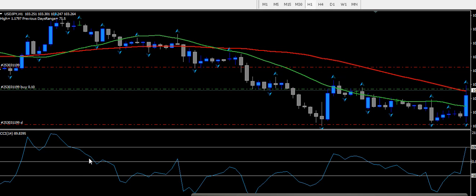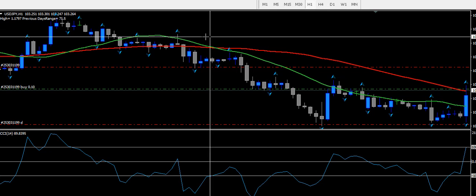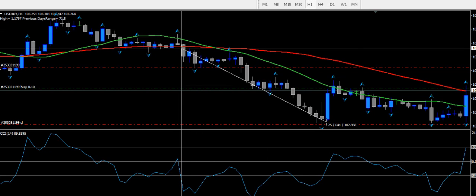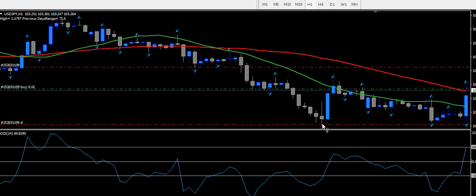And another point is very simple: when the CCI crosses the zero level and then also crosses negative 100, you go to the chart and take your bearish positions. With just these two simple points, you can earn hundreds of bucks, or at least 30 to 50 pips of trades every day.